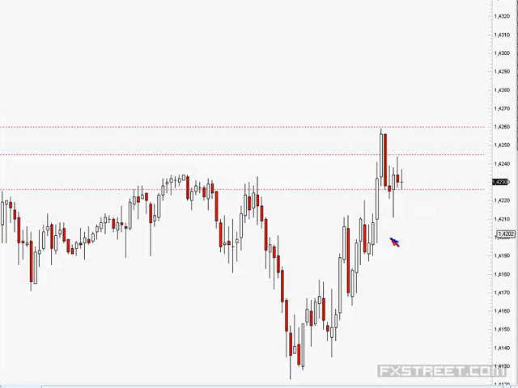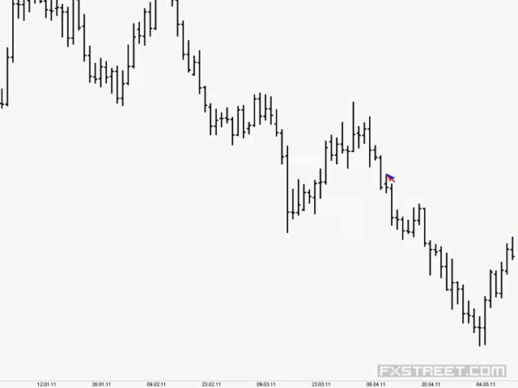So that's what you can do. But usually on an intraday chart, for example, I would wait for it to close if you can.